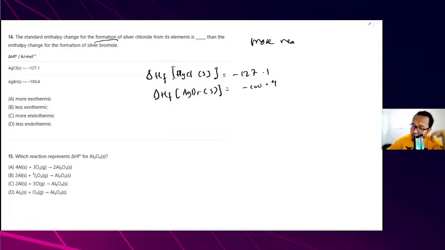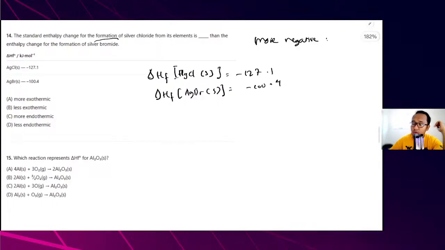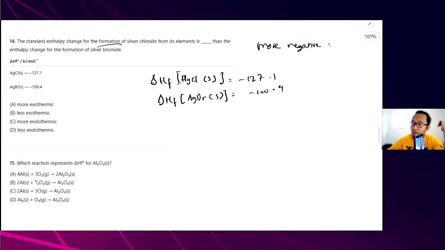If it is more negative, it is more exothermic, because exo means exit, so it releases greater energy.